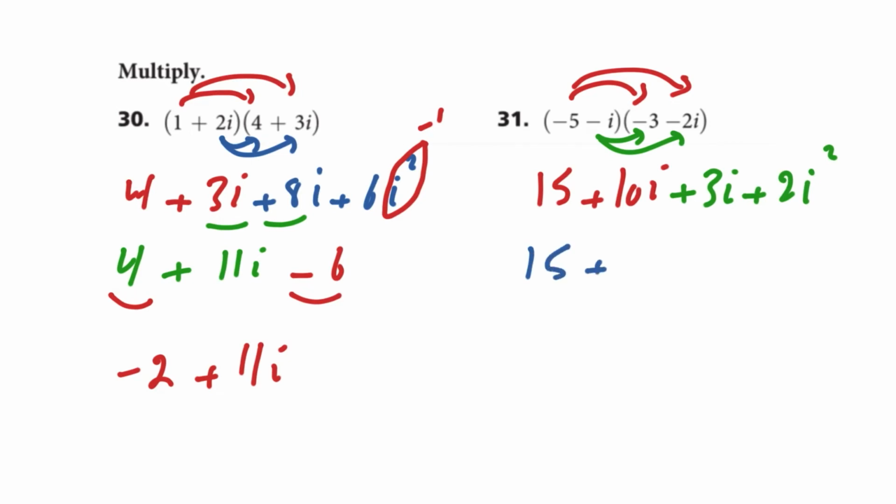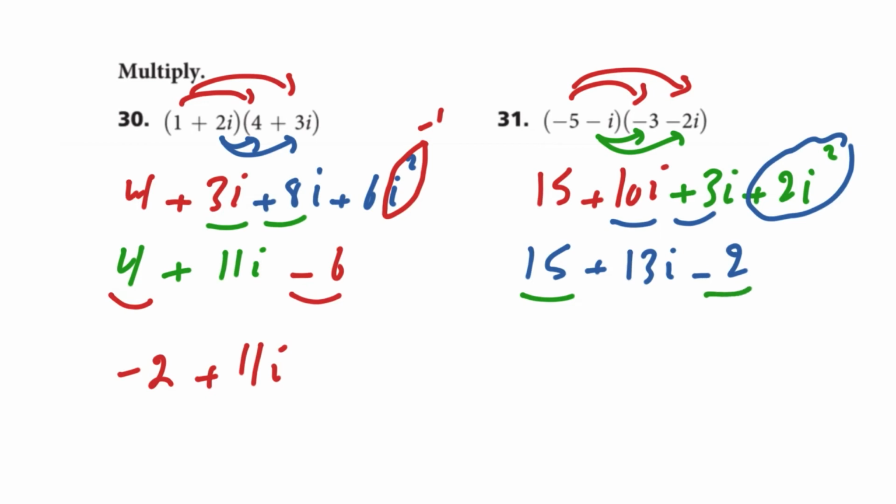This is 15 plus 13i. Simply change the sign, it becomes -2. Combine again, 15 minus 2, 13 plus 13i.